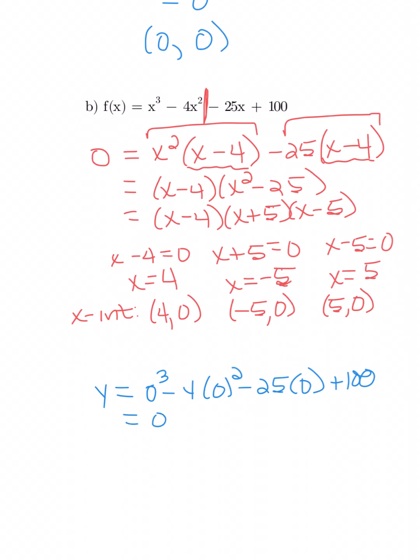So we get 0 minus 0 minus 0 plus 100, which gives us a final answer of 100 for our y value. So y-intercepts have x of 0, and the y value is 100.